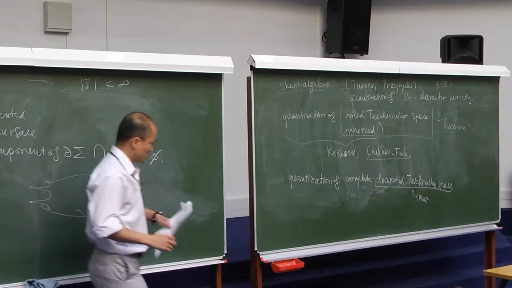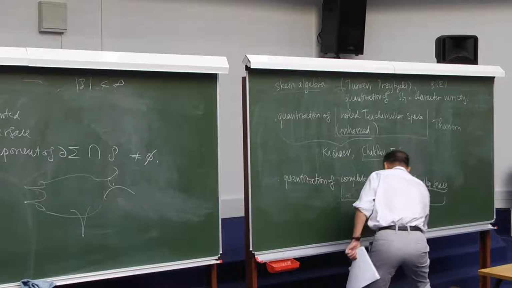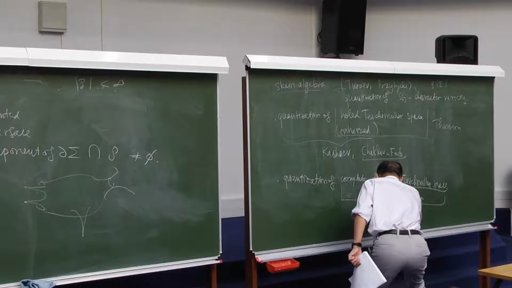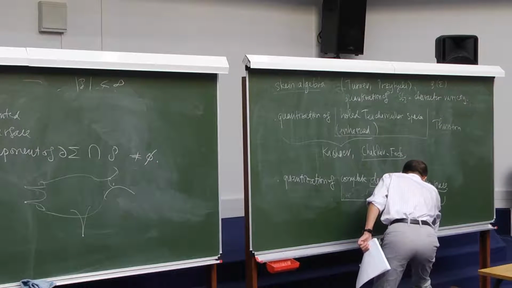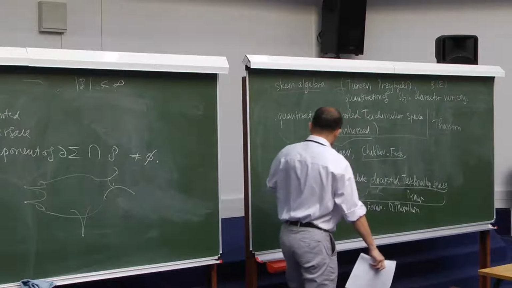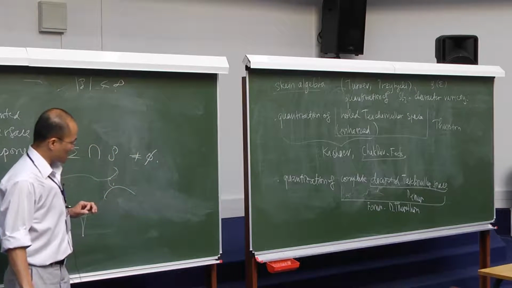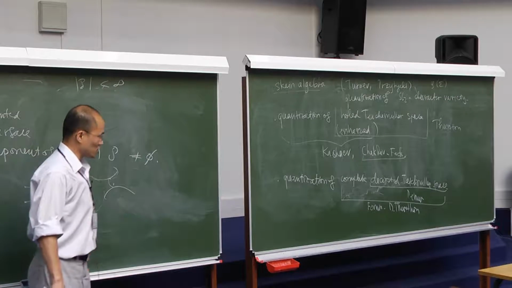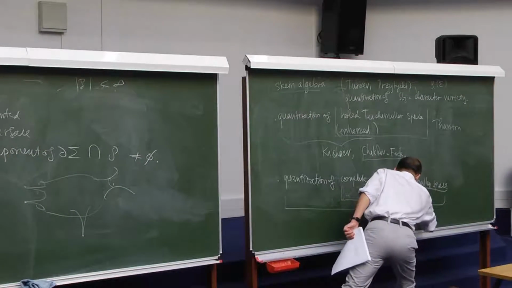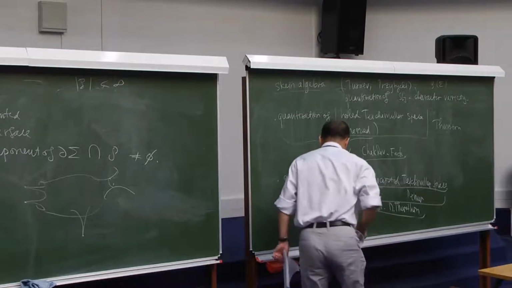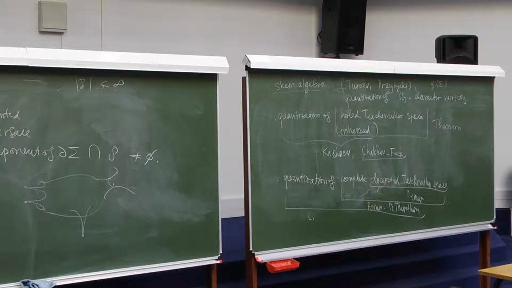Then Fomin and Dylan Thurston, so Sergey Fomin and Dylan Thurston, extended this to the case where you also allow holes. So they call this the complete decorated Teichmüller space. And the quantization of this one here is in my work, based on some work of Muller.